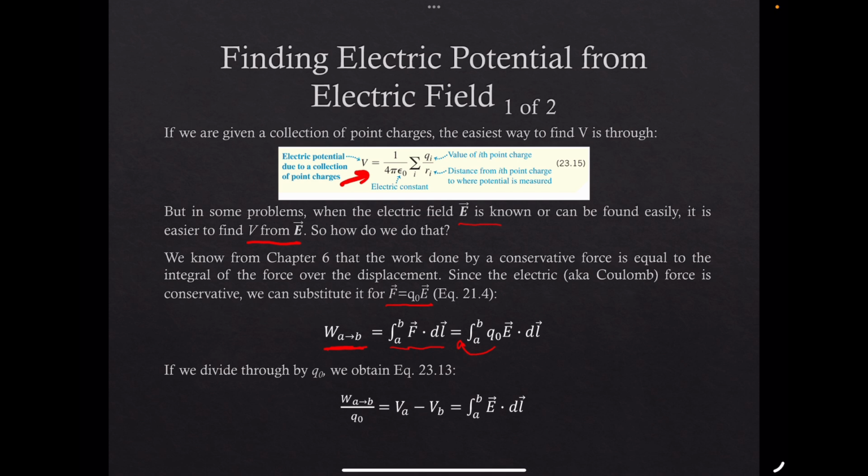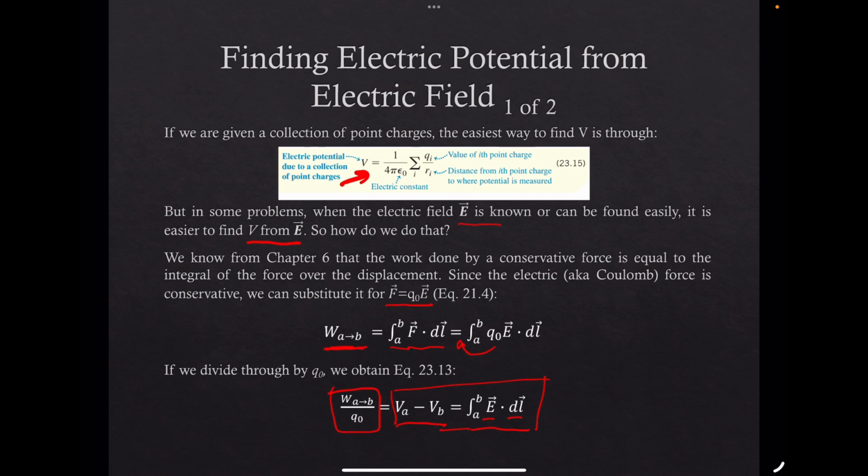If we divide both sides by Q naught, we get this, which we saw on the previous slide was equal to the difference in potential between point A and point B. And then we got rid of that Q naught on the right-hand side, and we're just left with E dot dl. So here we have a direct relationship between potential and electric field. The change in potential, or the potential of A with respect to B, is equal to the integral of E dot dl. So the displacement along the electric field direction is going to be equal to the change in potential.